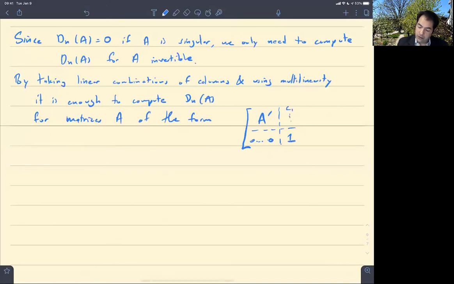You have some fixed vector of size n minus 1, right?